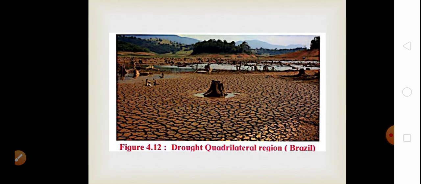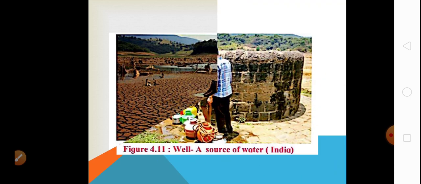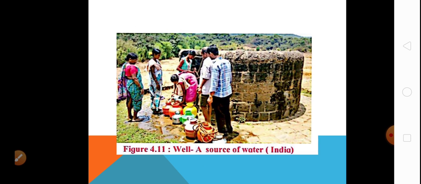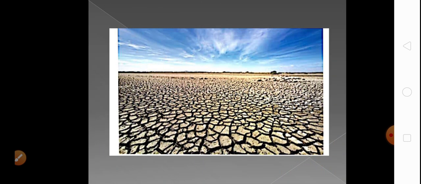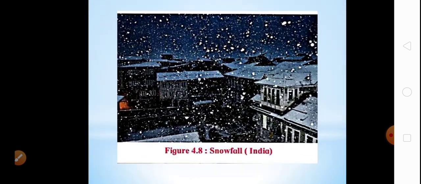Drought quadrilateral which we have learnt in the Brazil part, that is this in Brazil. Well as a source of water in India. Again the drought prone area in India. Snowfall in India. Where do we have snowfall in India? In places Jammu and Kashmir as well as the mountainous areas.